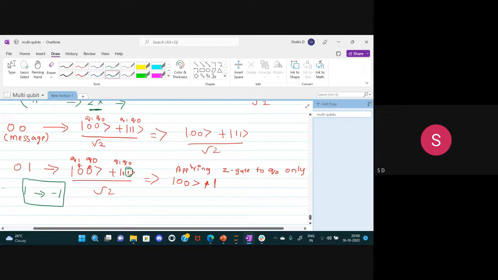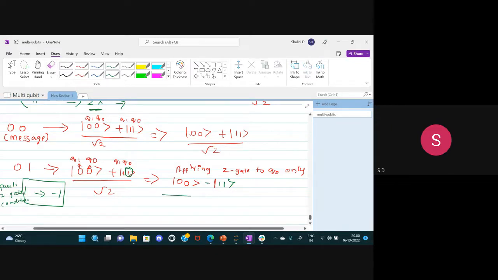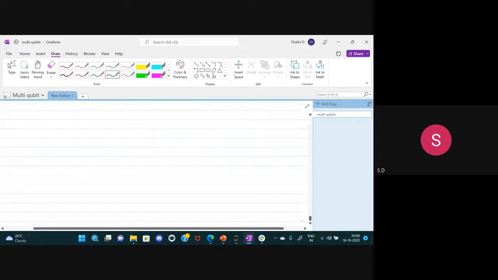This is the Pauli Z gate condition. So it becomes 11 only, but the phase is changed to minus. So it will become (00 - 11) divided by root 2.